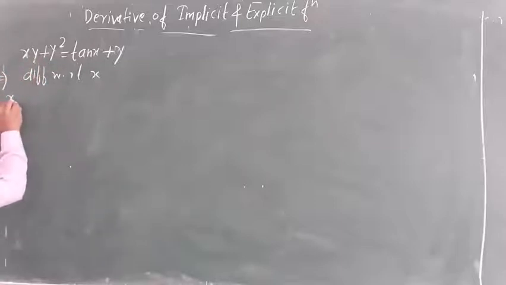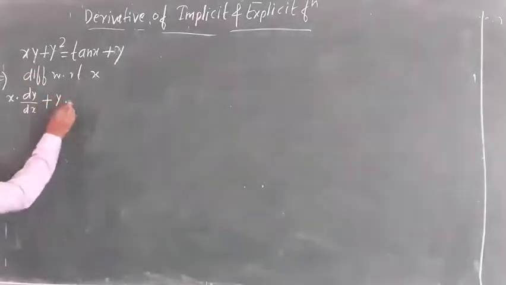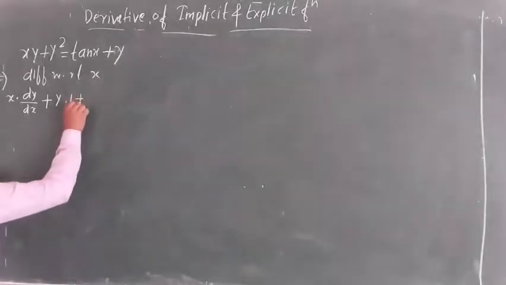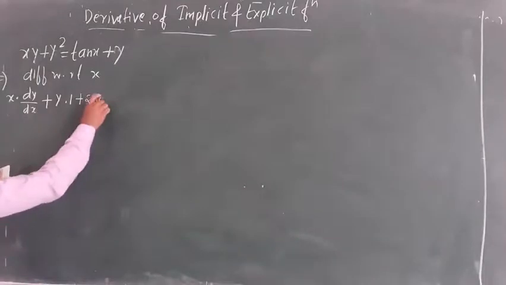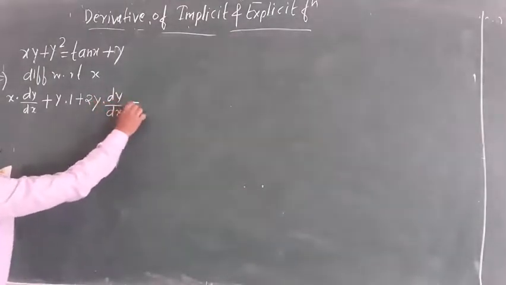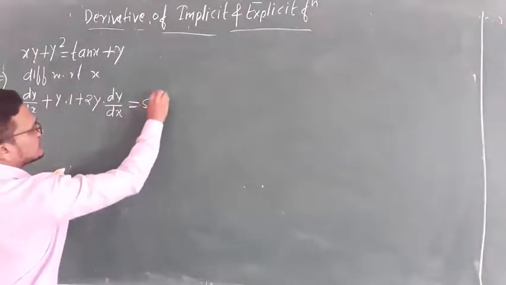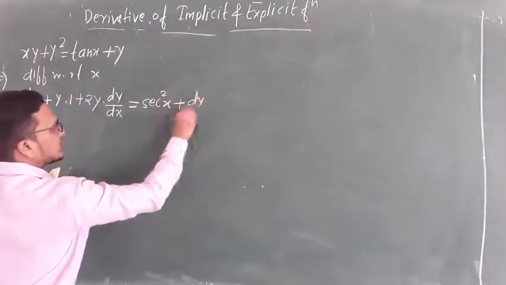So first function constant into derivative of second, that is dy by dx, plus the second function constant into derivative of first, so the derivative of x is 1, plus y square, derivative of y square is 2y, into y derivative is dy by dx, which is equals to tan x derivative is sec square x, plus y derivative is dy by dx.